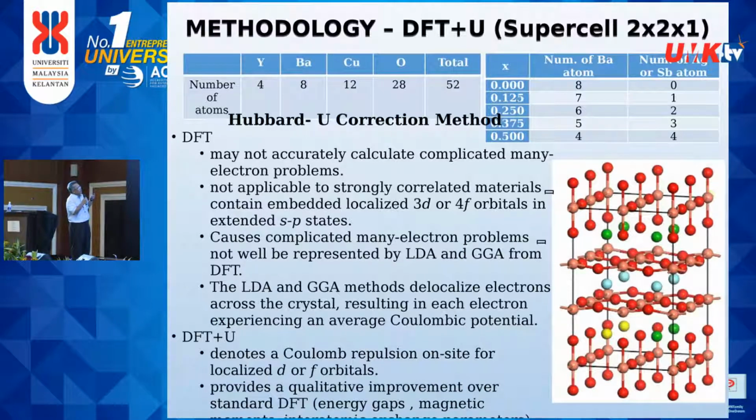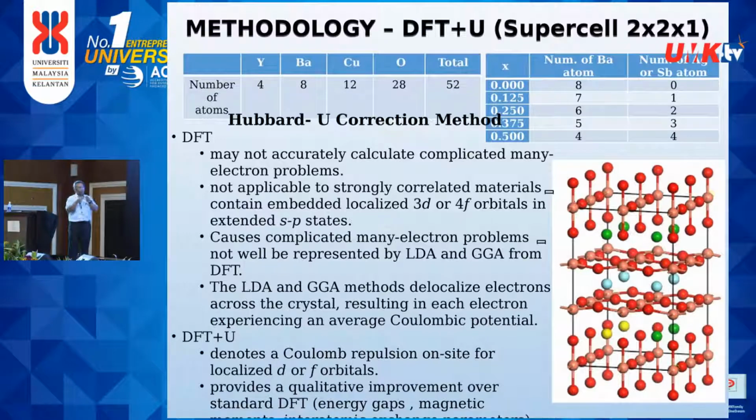So if we use a supercell of 2 times 2 times 1, we have to increase the number of atoms: yttrium to 4, barium 8, copper 12, and oxygen 28, and it becomes 52 atoms in this supercell.